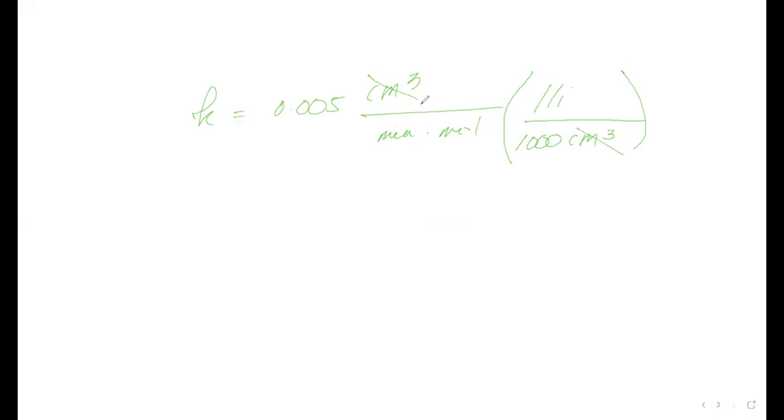You convert the minute to hours. So what would you do here? Multiply by 60 and you have 1 hour here. This would now be the new value of the rate constant with the new set of units. Do you get it?